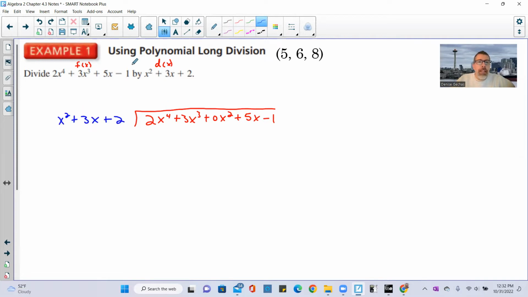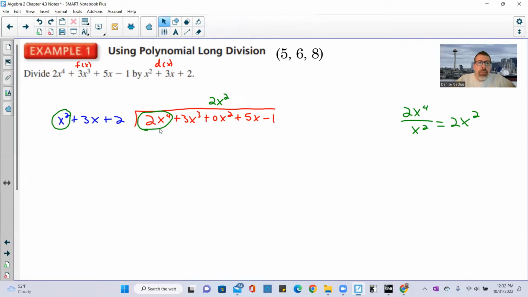You look at your first term and your first term, and ask yourself, how many times does x squared go into 2x to the 4th? Off to the side, 2x to the 4th divided by x squared: 2 divided by 1 is 2, and when we divide we subtract exponents, so 4 minus 2 is 2, giving 2x squared. You should start your answer lined up with your x squared term, so this would be 2x squared.